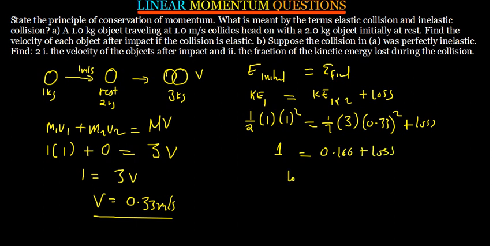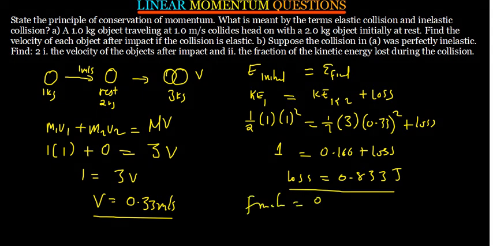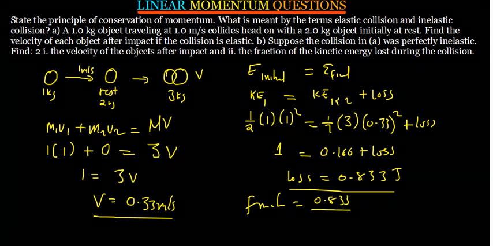Therefore the loss is going to be, I'll take the 0.166 to the other side, so that will be 1 minus 0.166, that is going to be 0.833 joules. That is the loss in energy. Now I want the fraction. So the fraction of the energy which was lost is the energy lost, that is 0.833, divided by the energy which was available initially, that is 1.